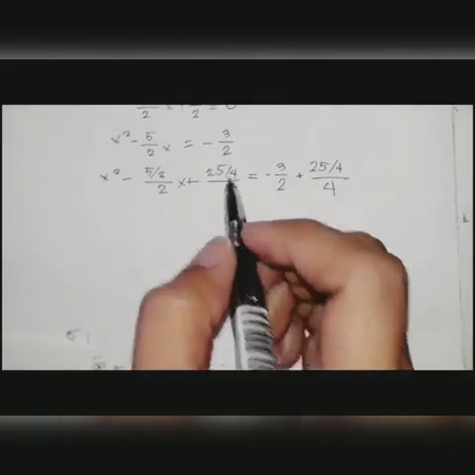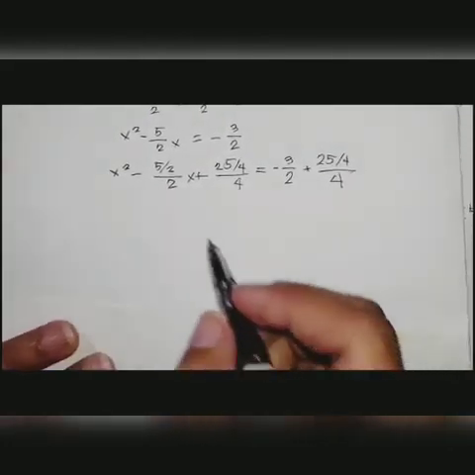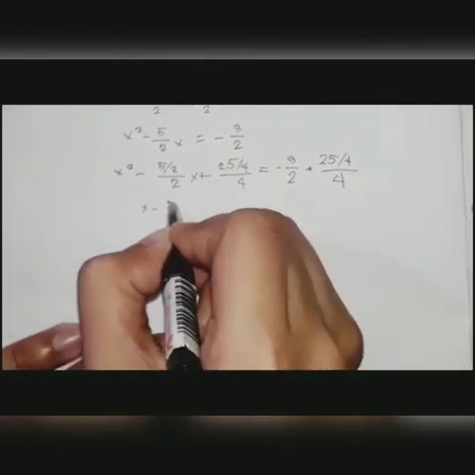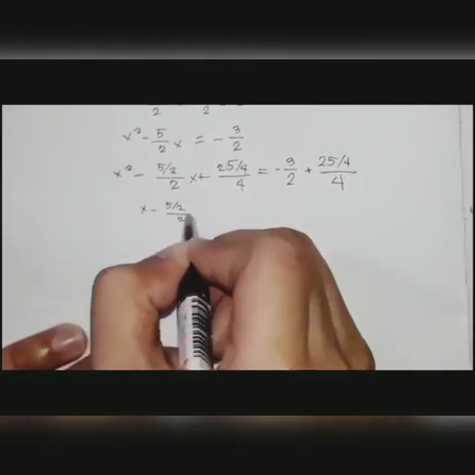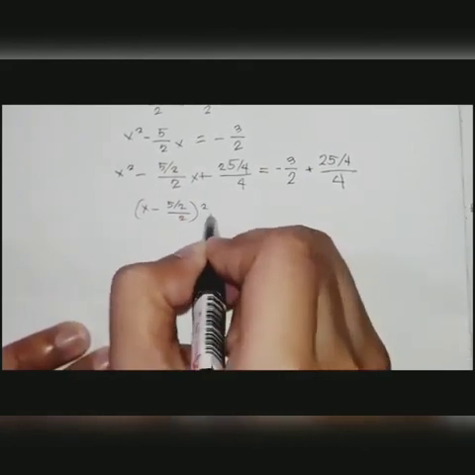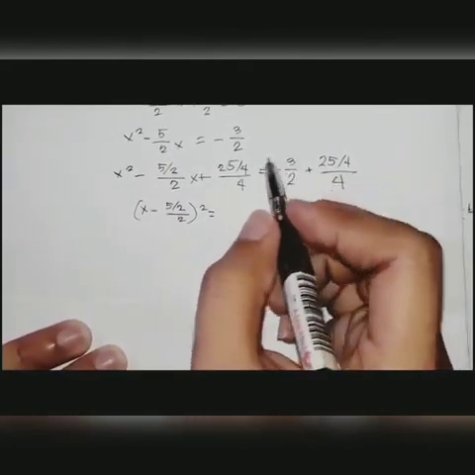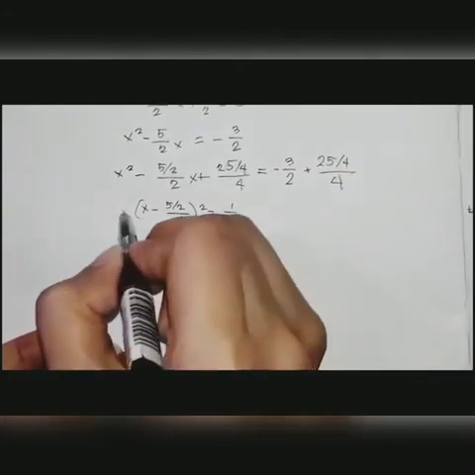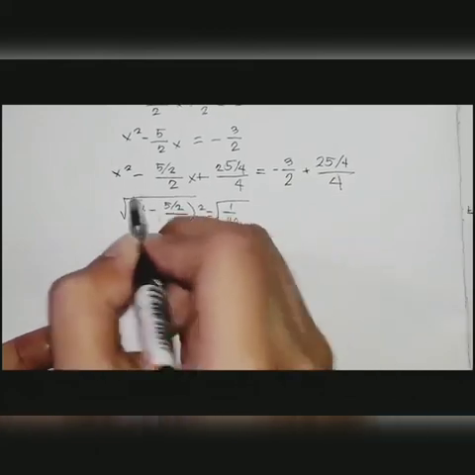So factor this up, and this will become x minus 5 over 4 squared is equal to 1 over 16.